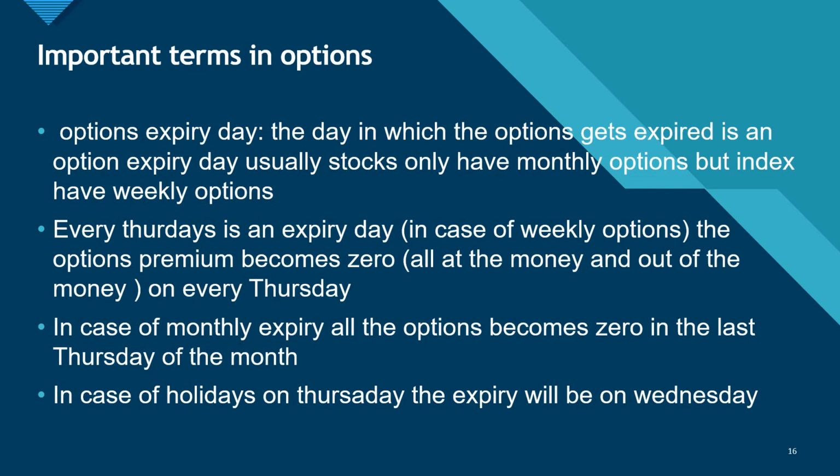So every Thursday is a weekly expiry and every last Thursday of the month is the monthly expiry. In case there is a holiday on the Thursday, the expiry may be postponed to Wednesday. Similarly for the monthly options also.